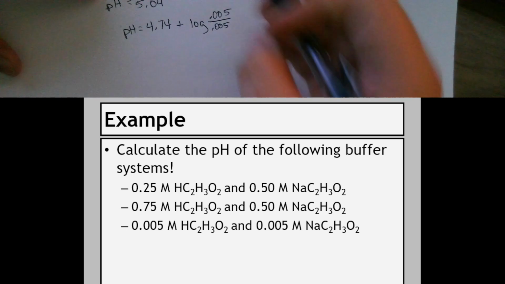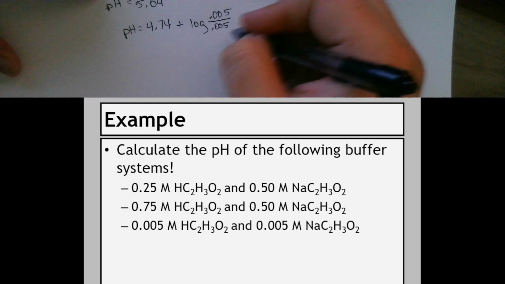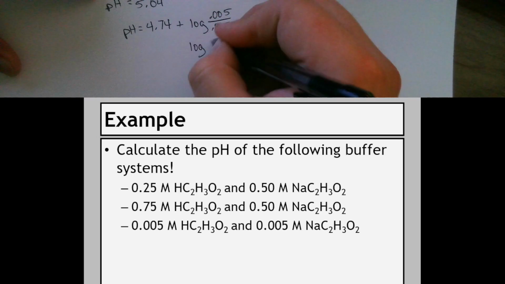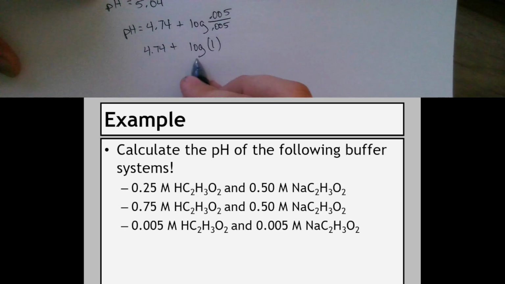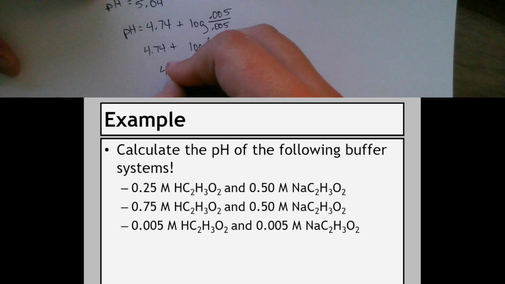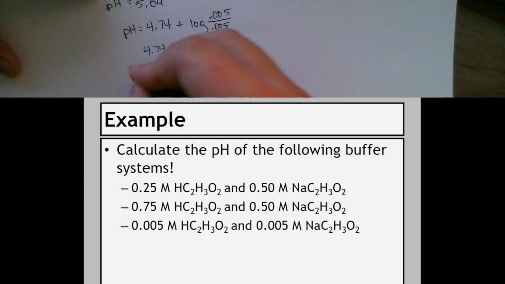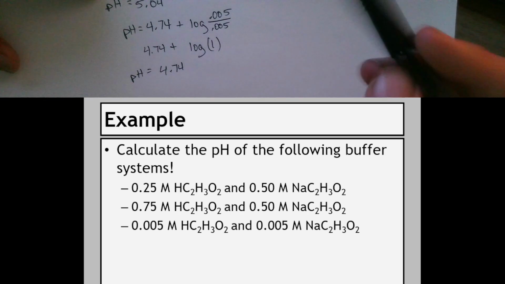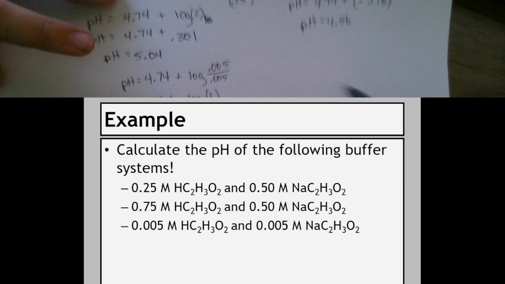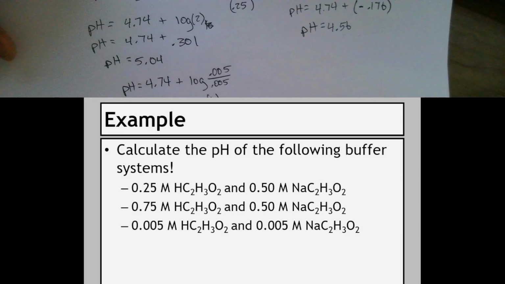Well, that's just going to equal 1. 0.005 divided by 0.005 equals 1. The log of 1 is 0. So if you have an equal concentration, your pH stays the same. If you have more base, the pH will go up slightly. If you have more acid, the pH will go down slightly.